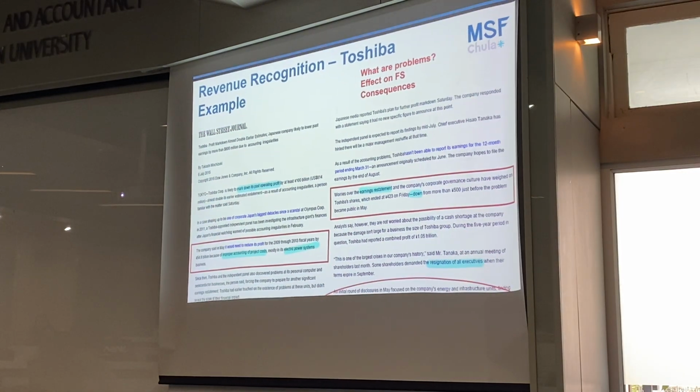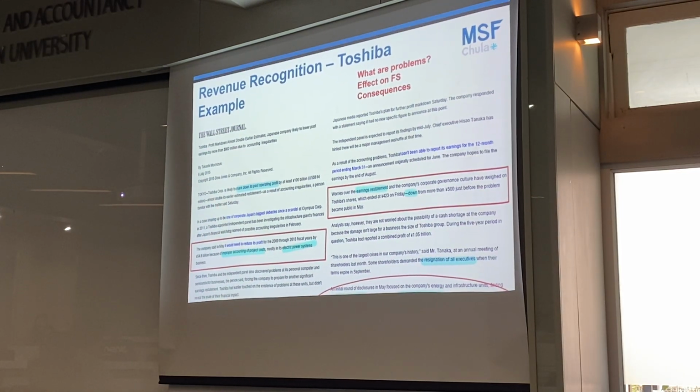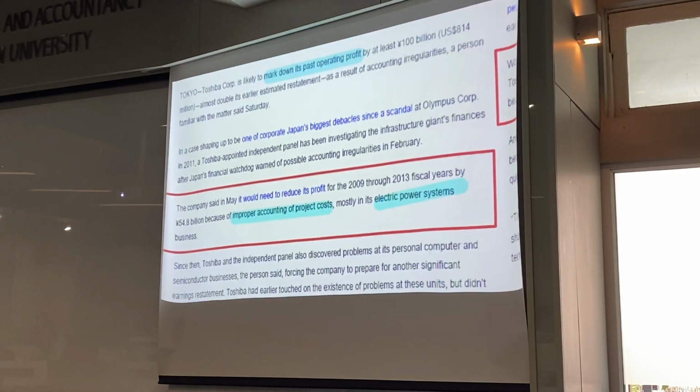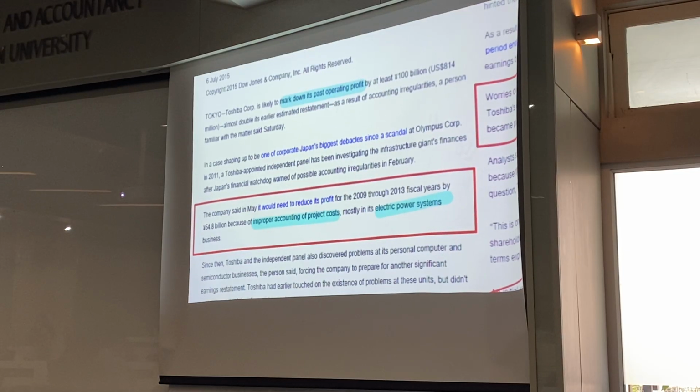On the next slide, this is the news from the Wall Street Journal concerning the revenue recognition of Toshiba. If you look at this news, you can see that Toshiba Corporation had to reduce their profitability.